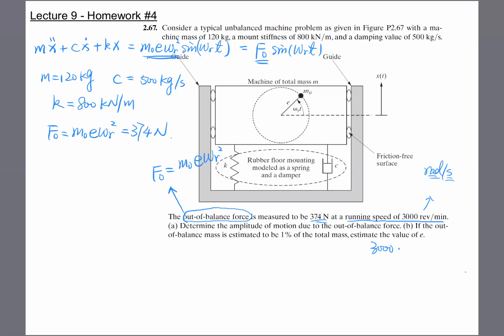One revolution is 2 pi radians, or 360 degrees, and 1 minute is 60 seconds. So from here we get that the rotation speed omega r is 100 pi radians per second.